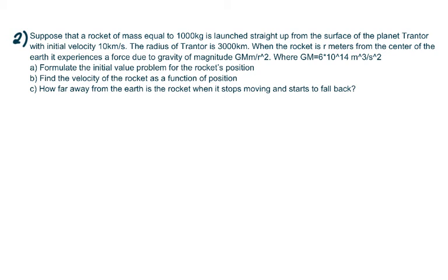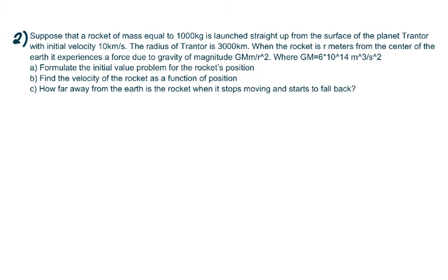The first part is asking us to formulate the initial value problem for the rocket's position. Bullet point B, we have find the velocity of the rocket as a function of position, and the very last one is asking us how far away from the Earth is the rocket when it stops moving and starts to fall back.